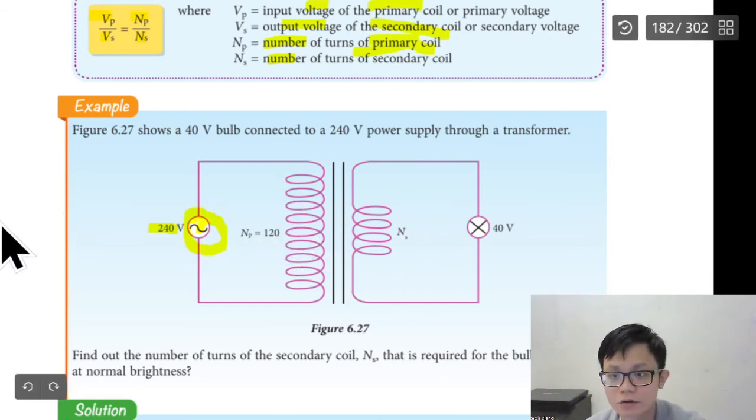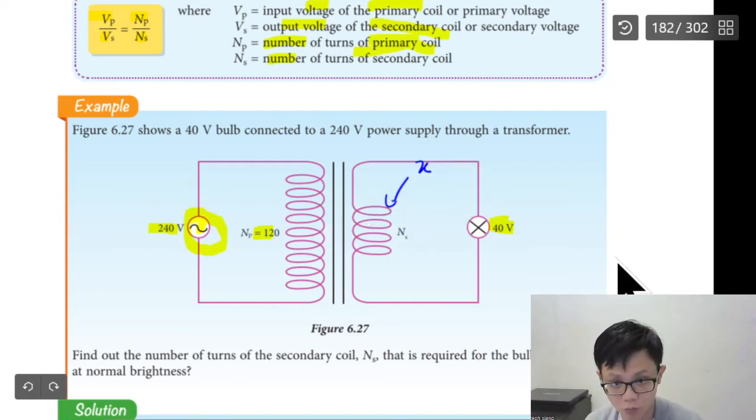Okay, so here we can see 120, here is 40 volt. Now they ask you, this is X, how many? I don't know. But the formula says Vp over Vs equals Np over Ns.